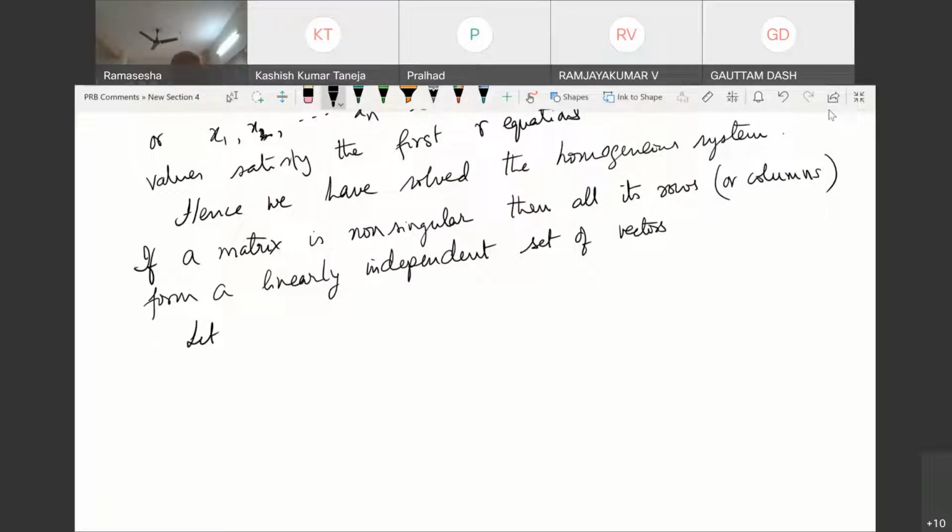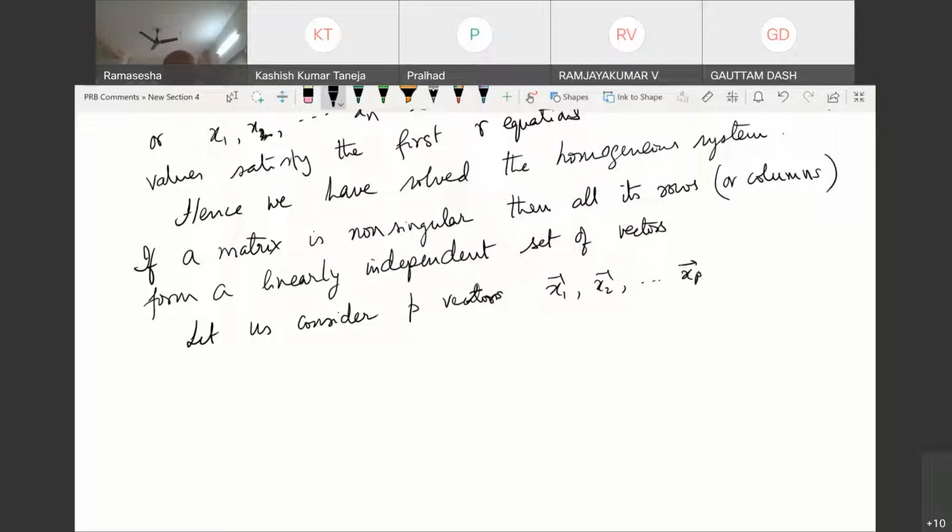Let us consider P vectors x1, x2, etc., xp.